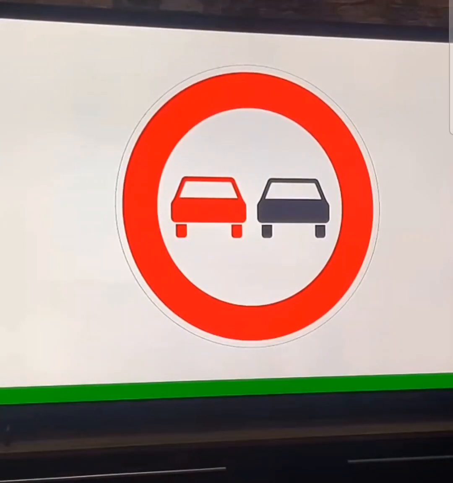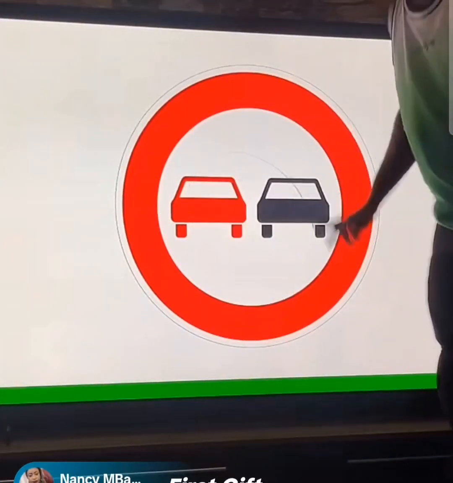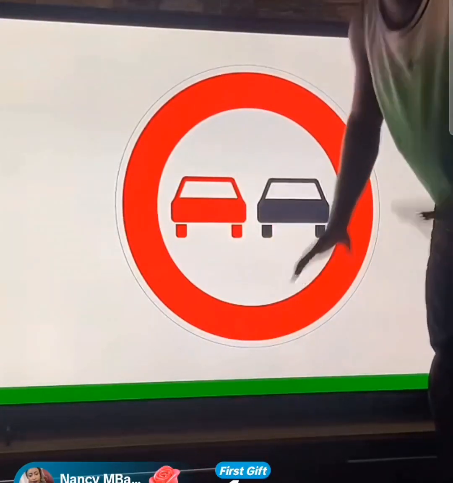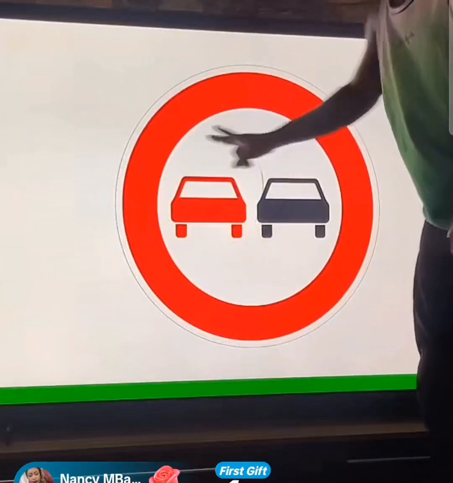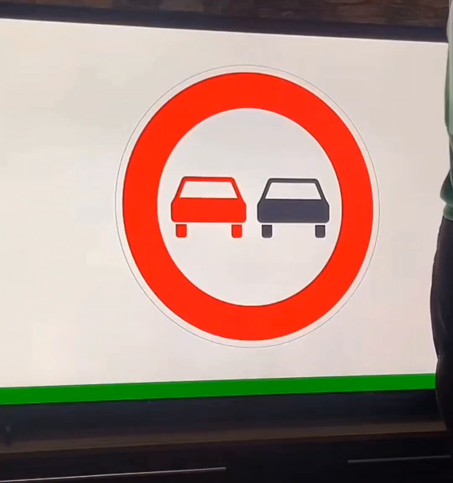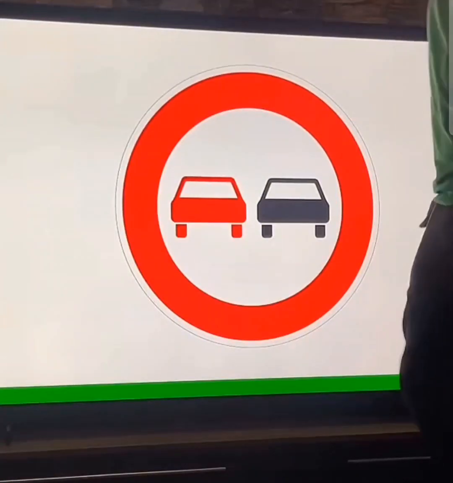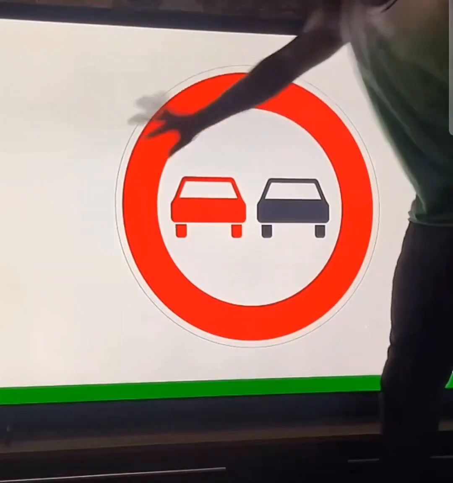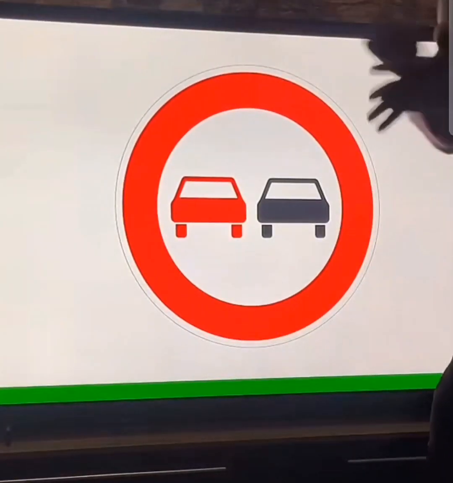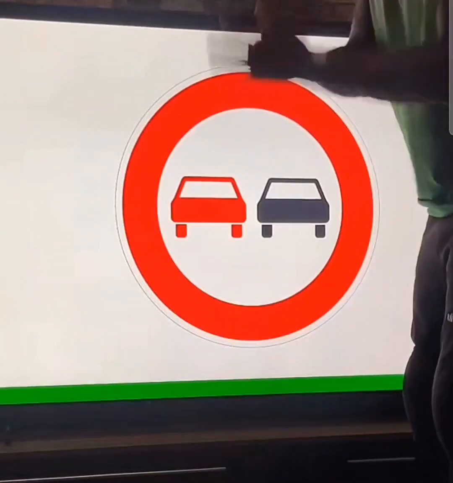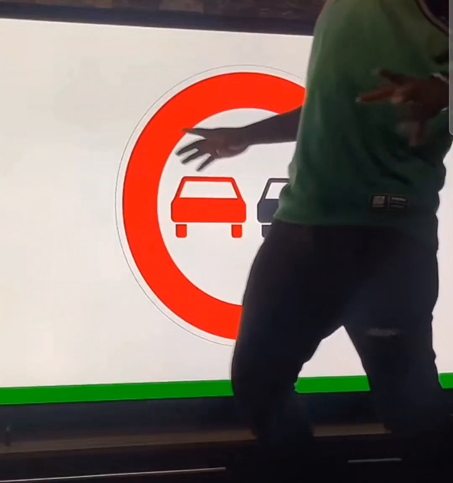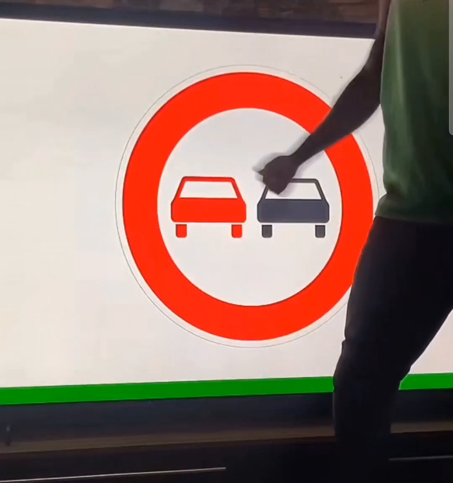This is a sign to remind us that we cannot overtake. You cannot overtake a car here. See, this red one means you can't overtake a car here. So anytime you see a sign like this, it is a remembrance to everybody that we cannot overtake in this place.